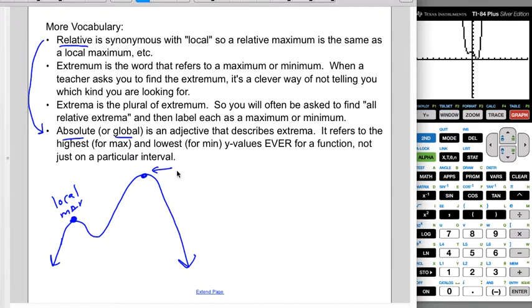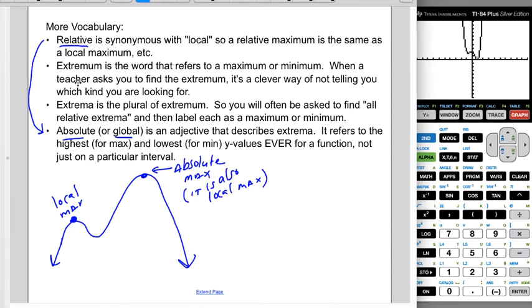This, being the highest point ever, is what we would call the absolute or global max. It is also a local max, because here's the way to think about it. If you're the tallest person in the entire world, you're the absolute max, but you're also definitely the tallest person in your family, right? So relative or local max is a more generic term.